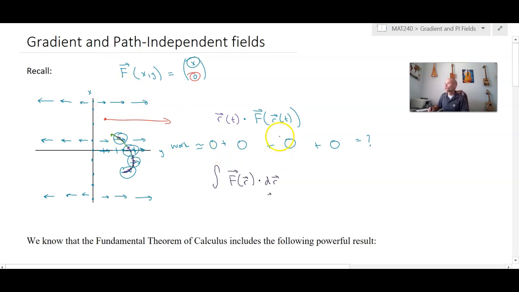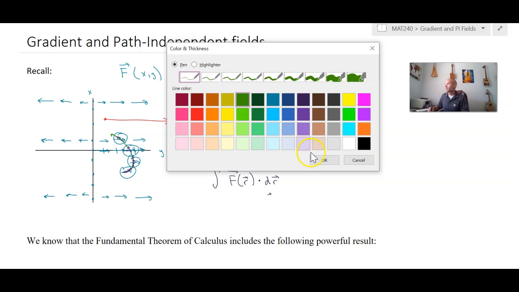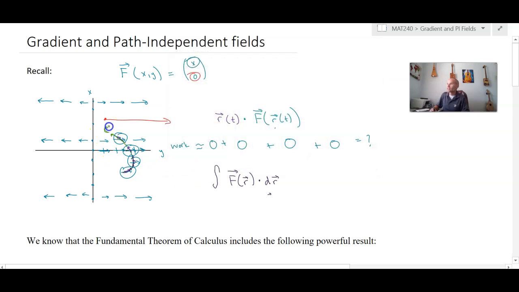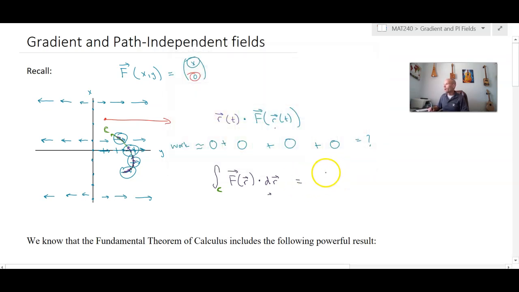So this oriented curve is something we typically call C. And so we want to add up all those dot products along that curve. And since we parameterize most of the time anyway, this is going to be the integral of f of r of t. We just said that we're typically going to write x and y.